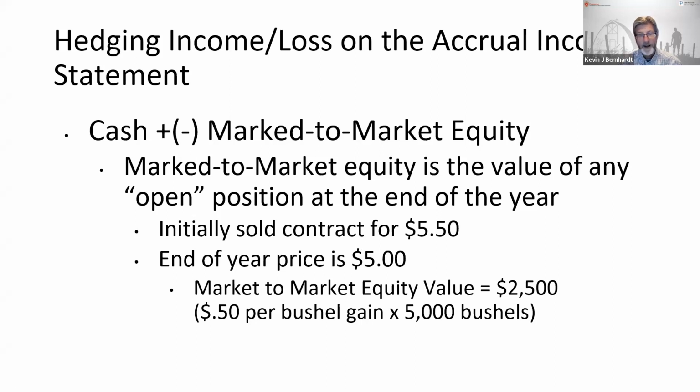Now it could go the other way and we'd have a negative mark-to-market equity value. But that is money that we haven't received in cash yet, or we haven't paid out in cash yet. But if we were to close the contract today, which is what the balance sheet shows, that's what the income or loss would be. And that's what we want to record on our accrual income statement.